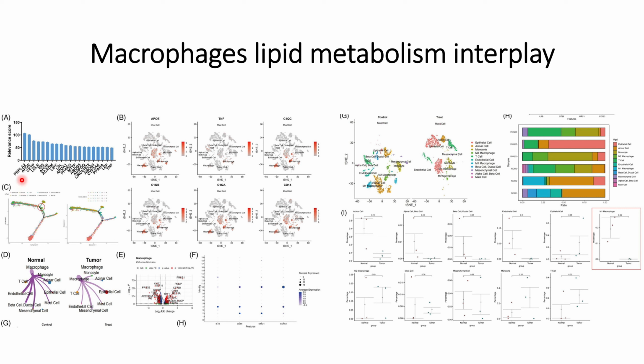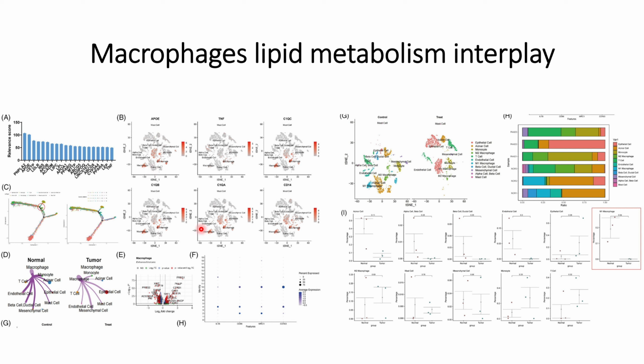Among these, they saw that the gene in the second position is also a gene marker for the macrophages. This indicates that macrophages might play a role in these lipid metabolisms, and they validated these markers again in the dot plot to confirm that these markers are present in the macrophages.